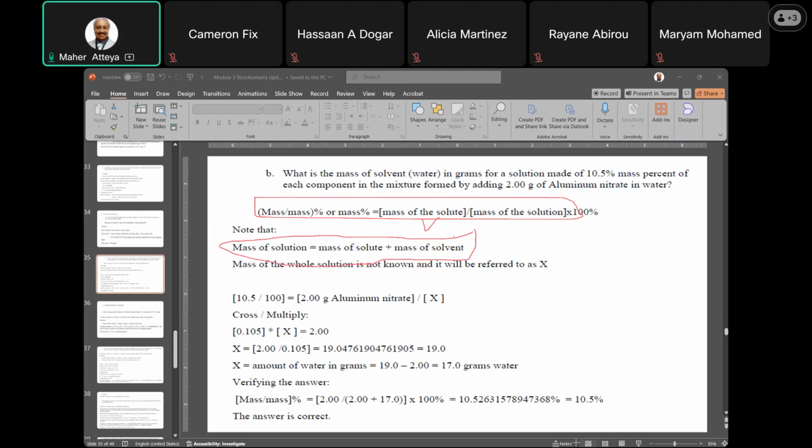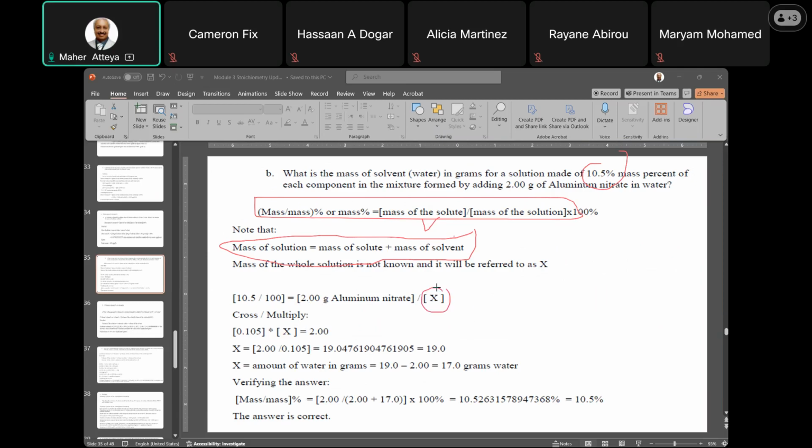So let's do it together. So we have the solute, 10.50, that's a percentage here, divided by 100 because it is a percentage. Mass of the 2.00 gram solute divided by X. The mass of the solution you don't know, but you know the solute. You calculate your X to know the mass of the solution.